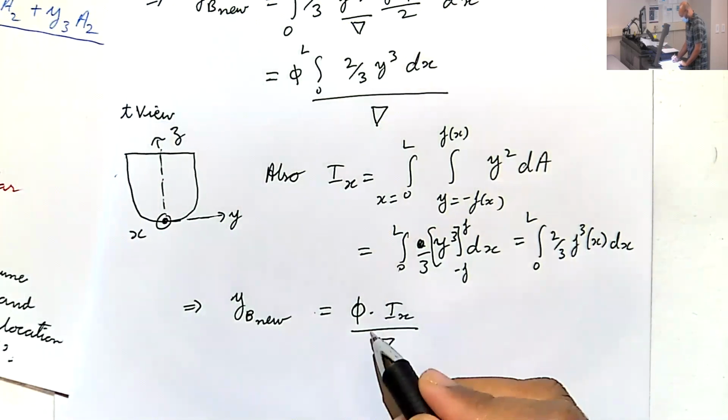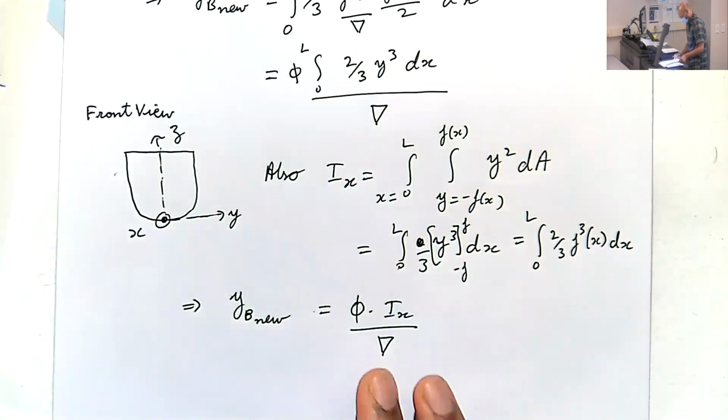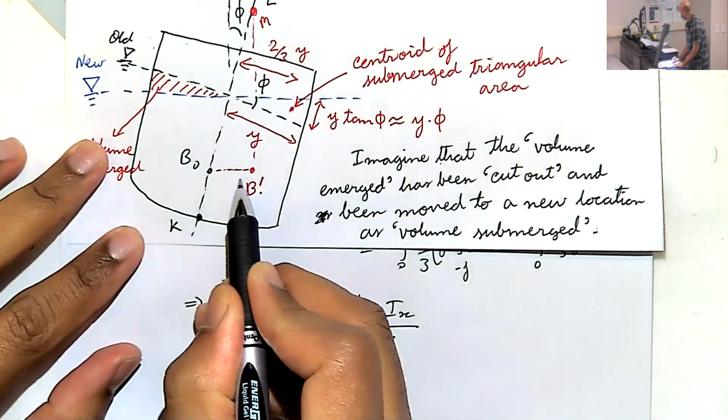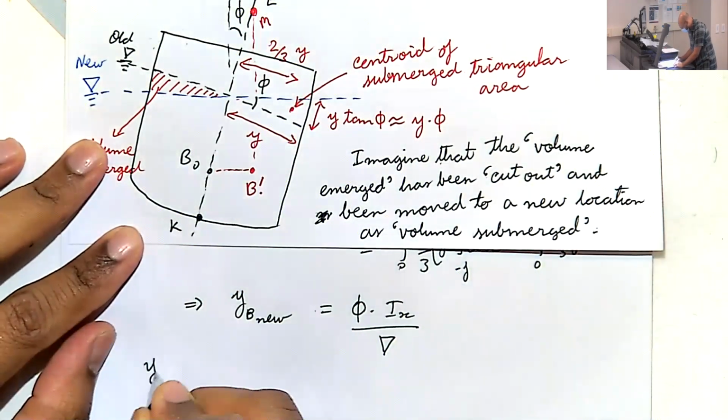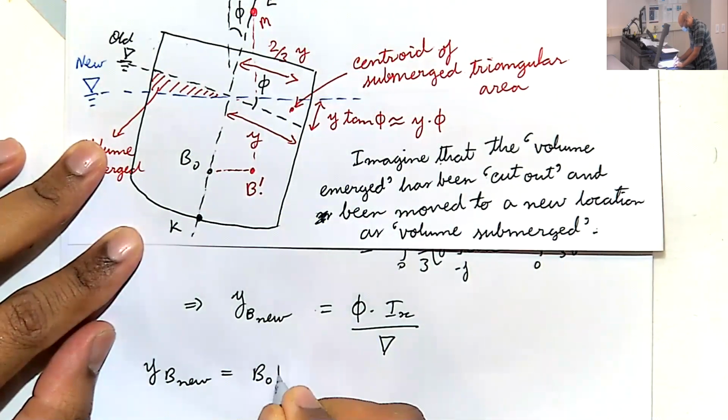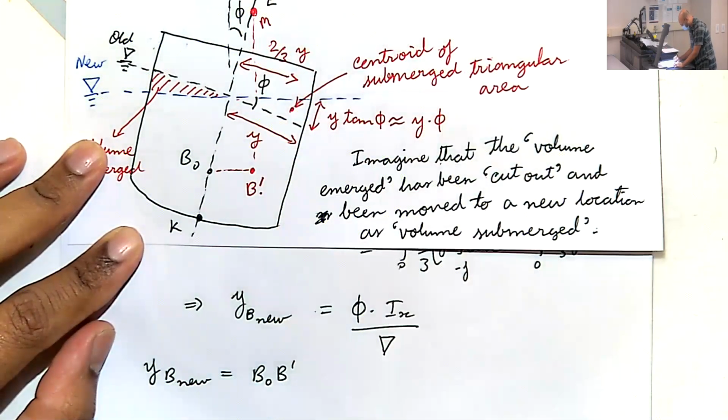We have an I over nabla, but there's this phi in between. So let's see what YB nu is. YB nu is B0 B prime, which you can also write as B prime M times phi.